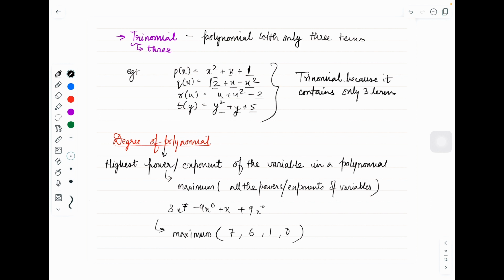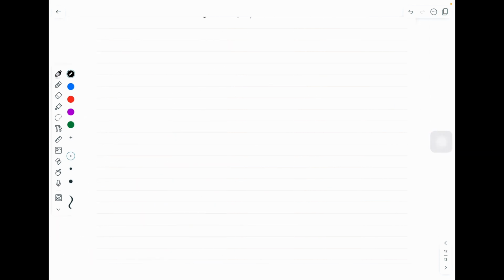Maximum of 7, 6, 1, 0 is 7. So the degree of the polynomial is 7. You have to find the maximum power of the variable. That is degree.